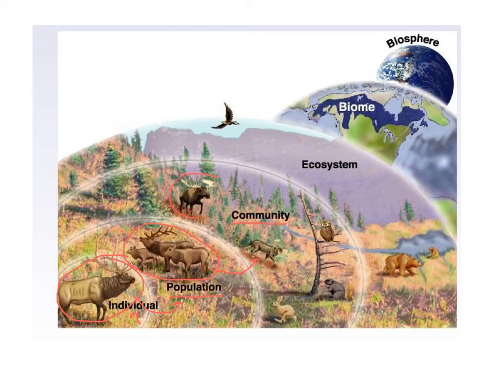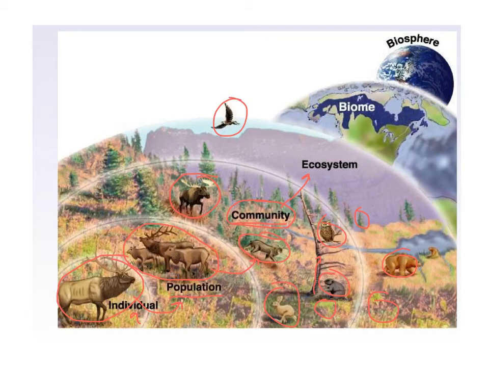Now we've got Mr. Moose here. Now we've got the bobcat, the jackrabbit, the beaver, the owl, the grass, the tree, everything living in that area. That makes up the community. Now when we go up a step higher to the ecosystem, it's still all the living things. We still have the bear and the grass and the trees and the eagle up here.